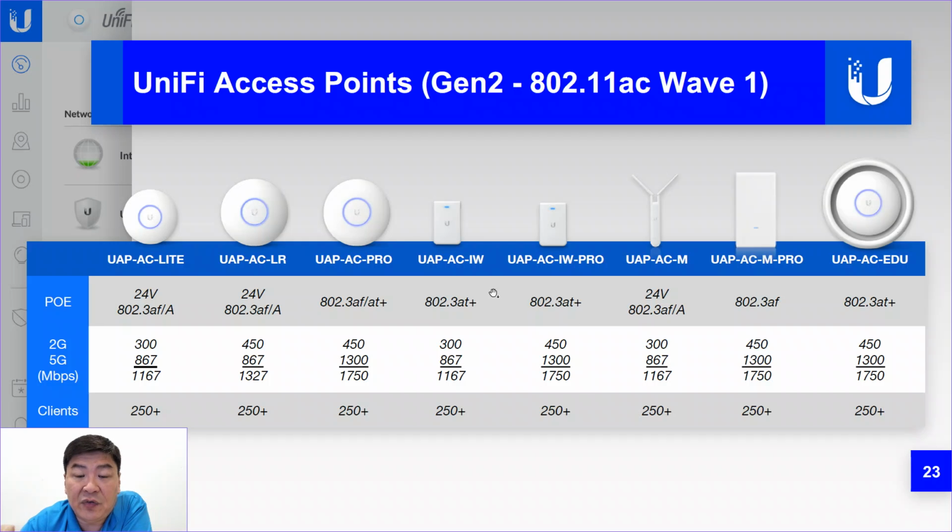Now for the AC in-wall and the AC in-wall Pro, there are two RJ45 ports beneath the unit itself, and it's able to have PD power, so you can power up an additional unit using the PoE port provided.